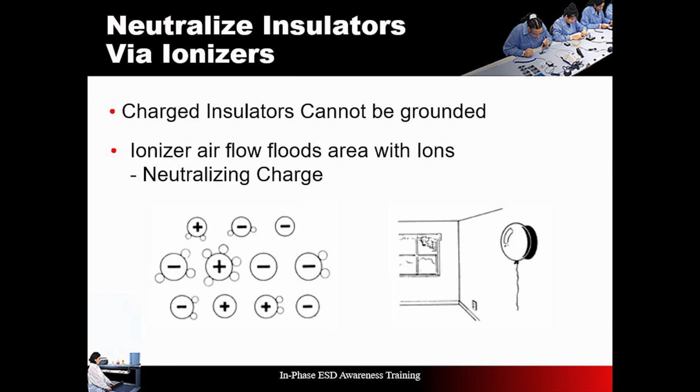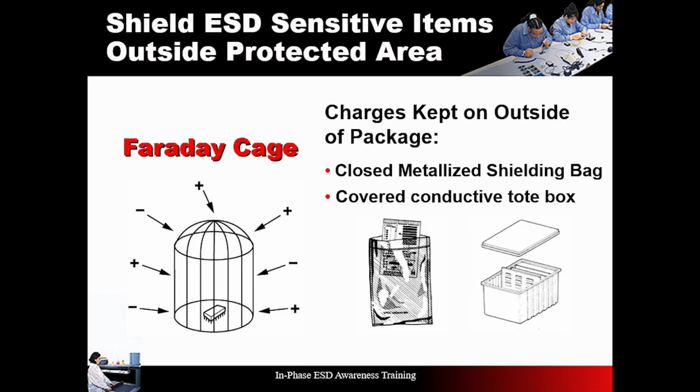As we discussed, insulators cannot be grounded. Instead, we control ESD associated with them using an ionizer, which floods the area with ions to neutralize the charge they can retain. When taking an ESD-sensitive item outside of a protected area, be sure to use a storage container intended for ESD protection, such as a metallized shielded bag.